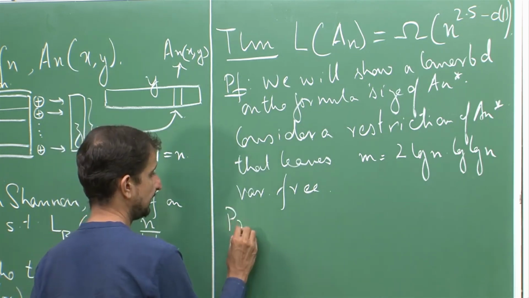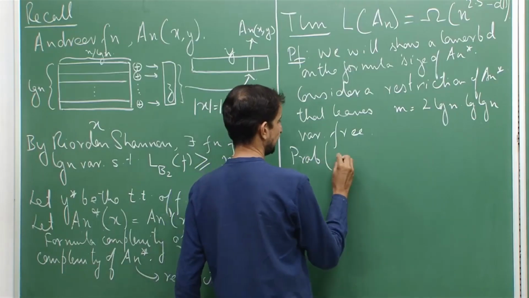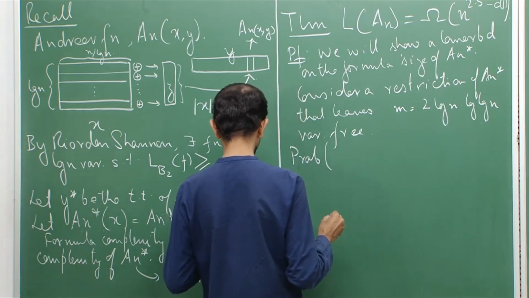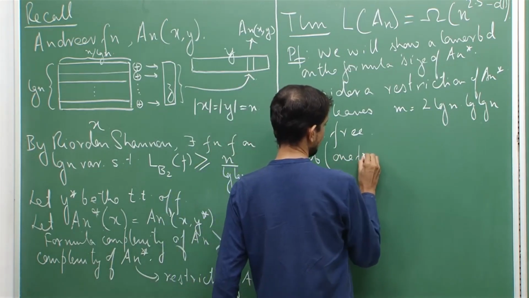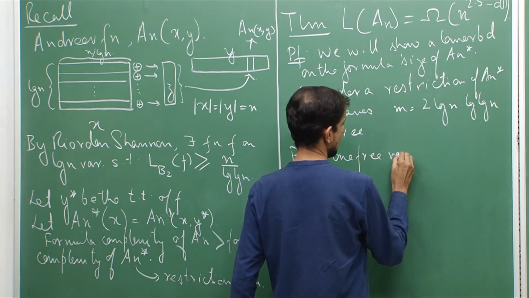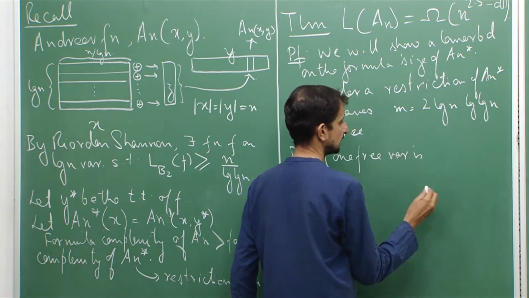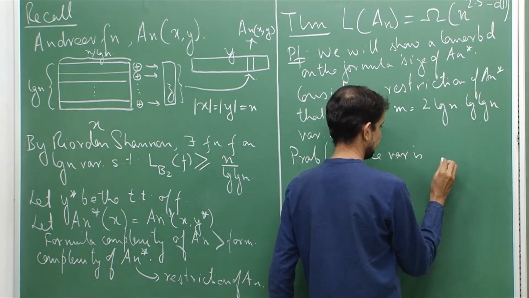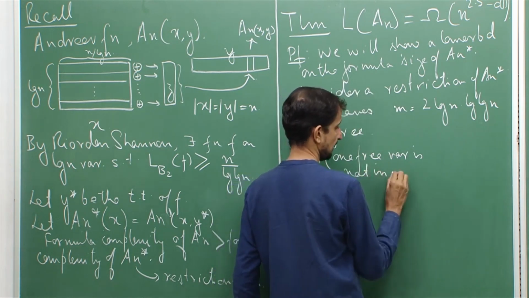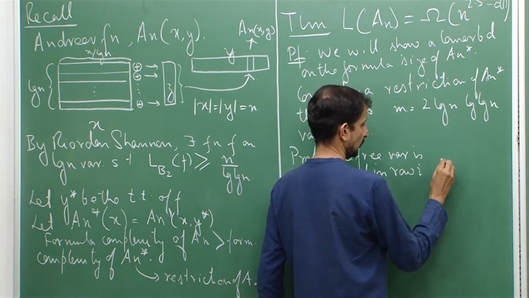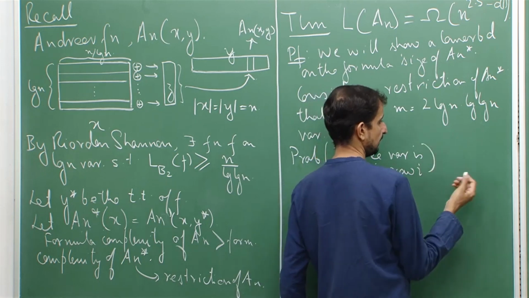So, the probability that one free variable is not in row i is how much?